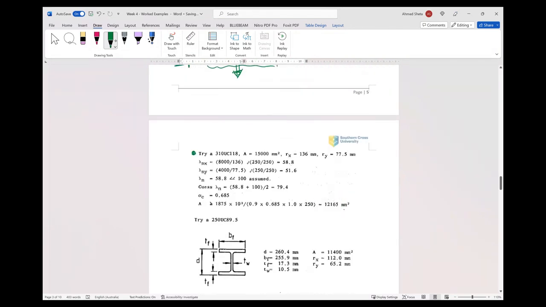So we try a cross section, from experience or whatever section you use, because as you know, the design process is an iterative process of trial and error, because you cannot know exactly the needed section from the first try.